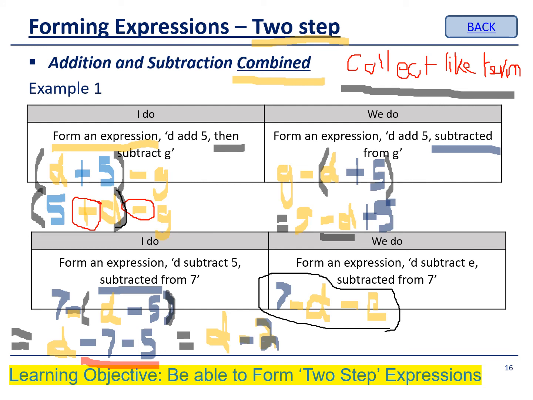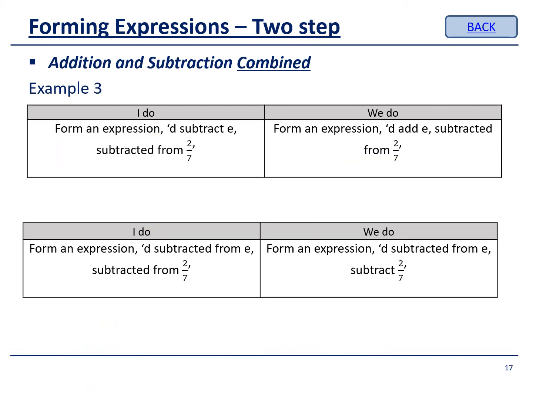However, because D and E are subtracted from 7, we have to make sure that shuffles in there. We're just moving things around, not having to collect like terms because they're already next to each other in this example.